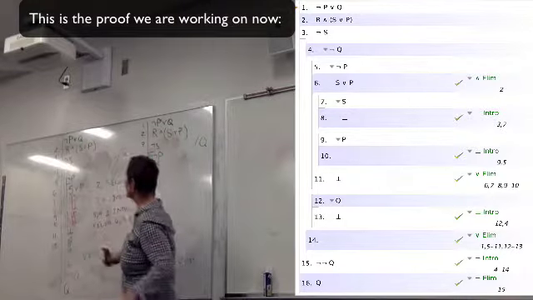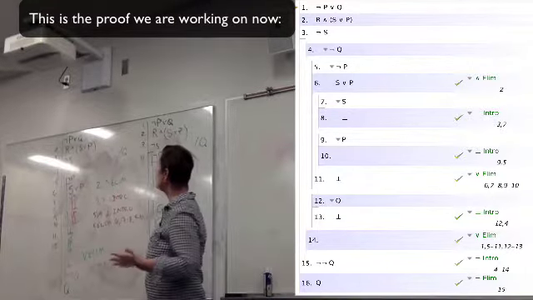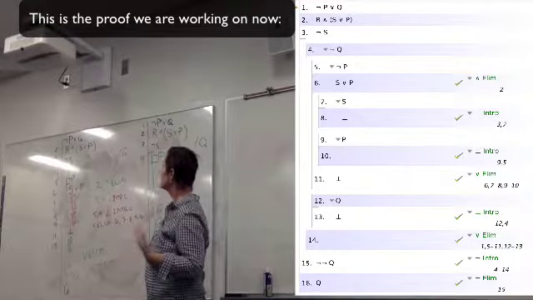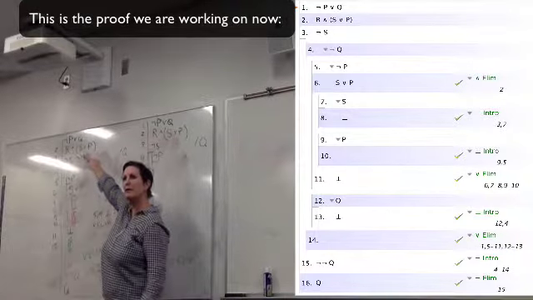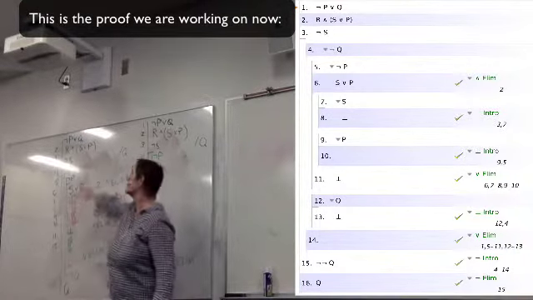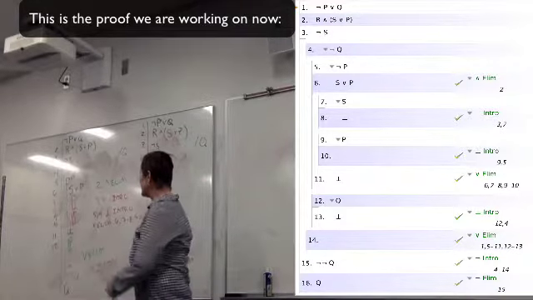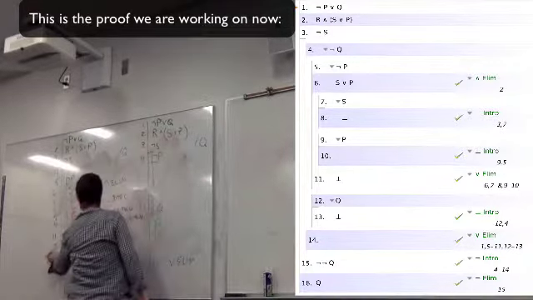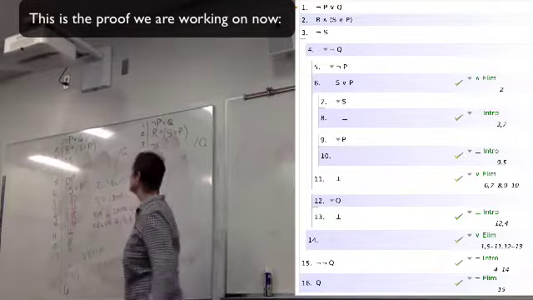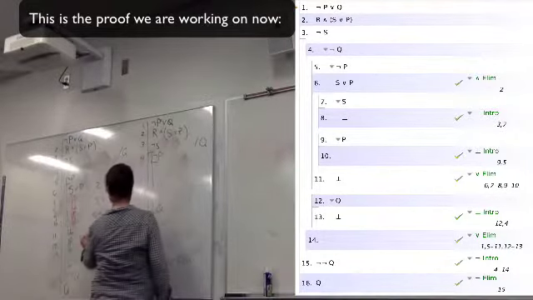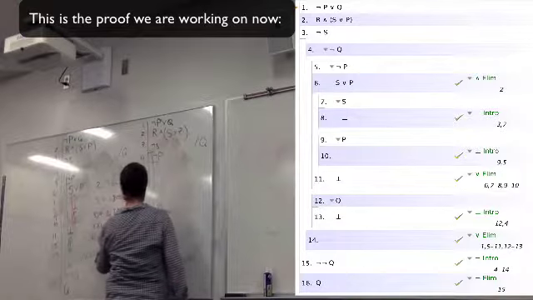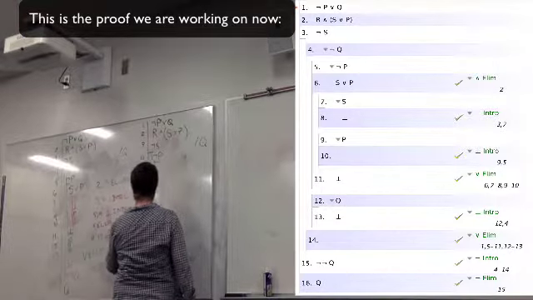Does everybody see line 1? Not P. We've discharged that. Line 2, Q. Why do I immediately go to a contradiction? Exactly. So 4 and 12 are contradictory.